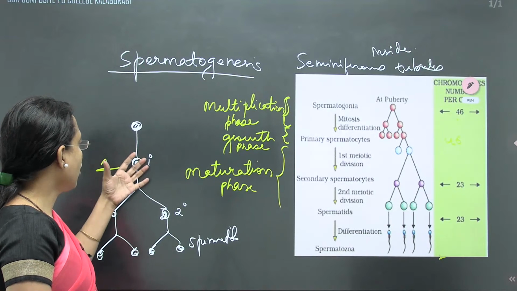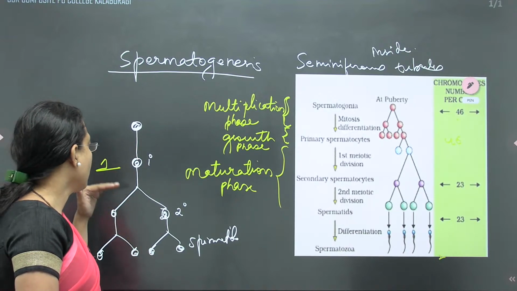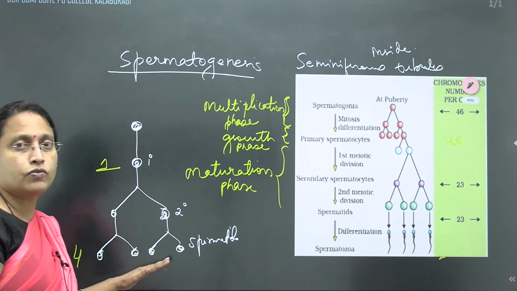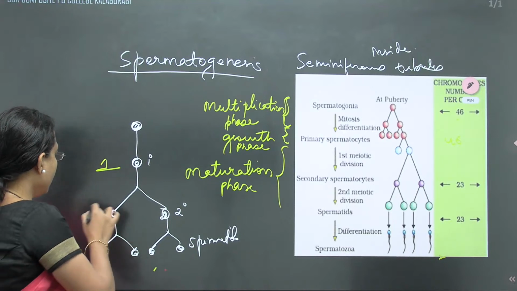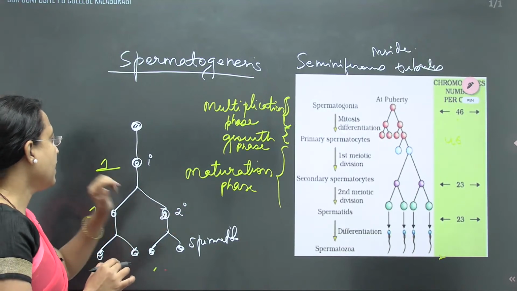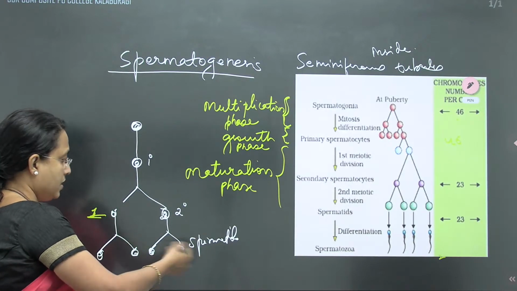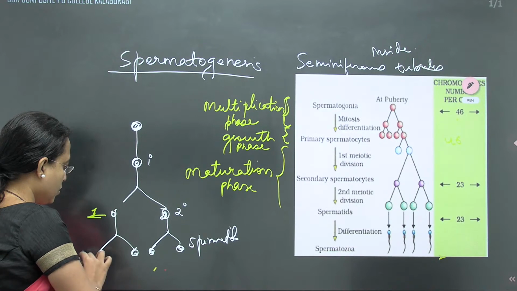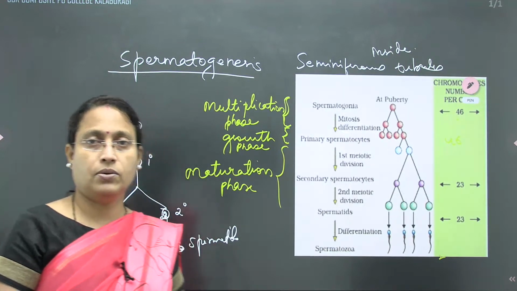Therefore we can correlate with any number. Suppose it begins theoretically with 100, these will be 400. If it begins with, say, 200, further into 4. A secondary spermatocyte producing spermatids is correlated with 2 into 2.